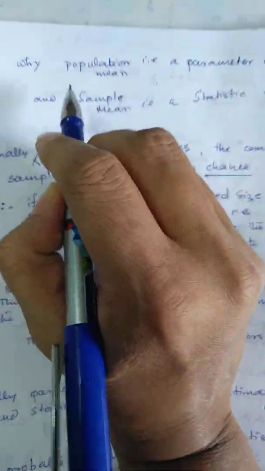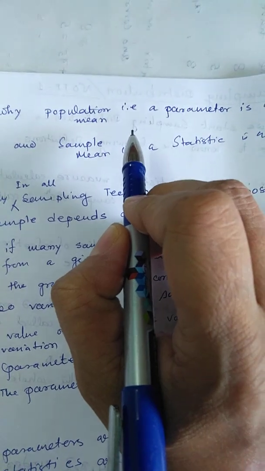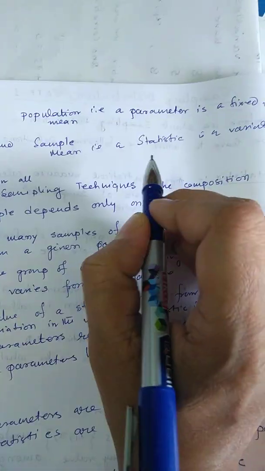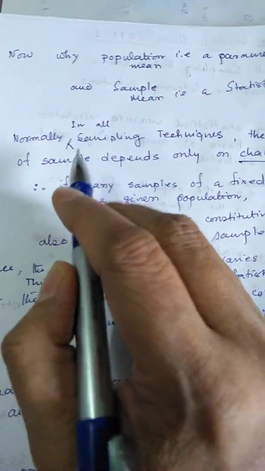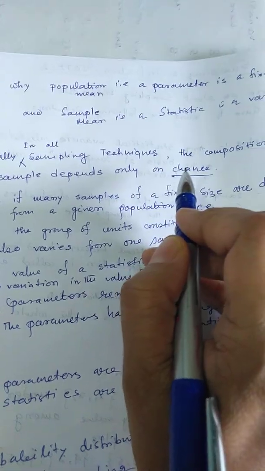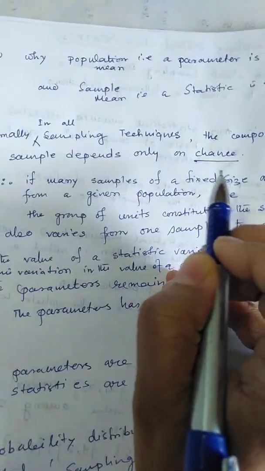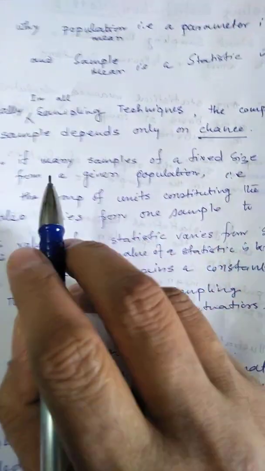Now we can illustrate that. Why is the population mean, that is the parameter, fixed, and the sample mean, a statistic, a variable? Normally in all sampling techniques, the composition of a sample depends only on chance. Chance means probability.